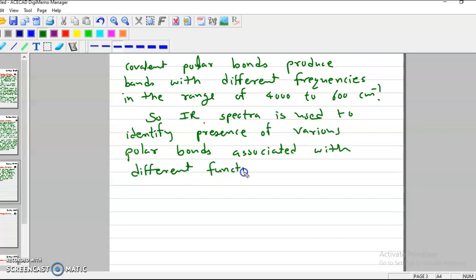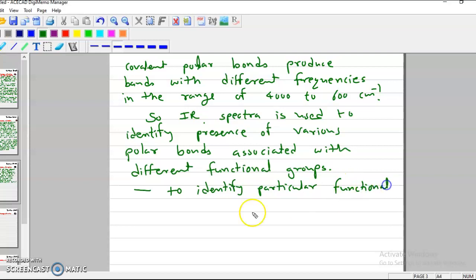So this becomes a main application of infrared spectra. So our main application is to identify a particular functional group present in a given organic molecule.